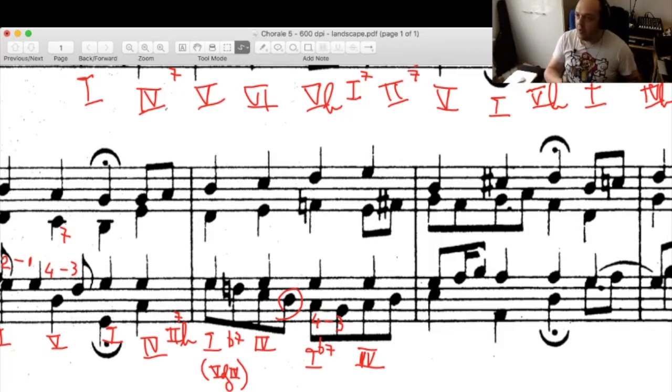Now this moment here in this chord is dissonant. I'll play that bar from the G. See, that's a dissonant. There's a couple of dissonances there.